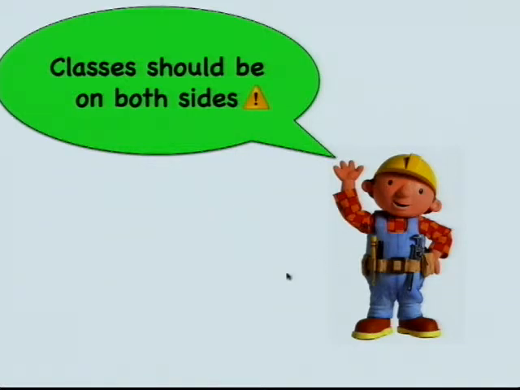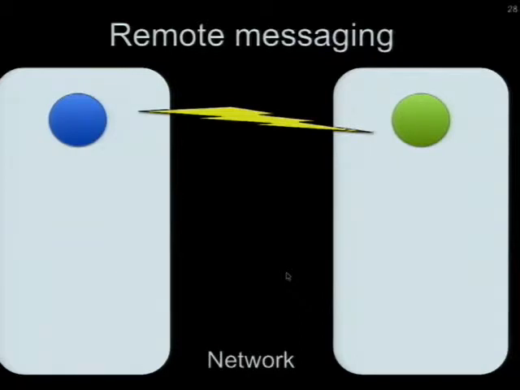And then, based on this, we can do remote messaging. So imagine I have the blue object that wants to send some message to the yellow object, which is on the other side of the network, or green. Okay, it's a green object.